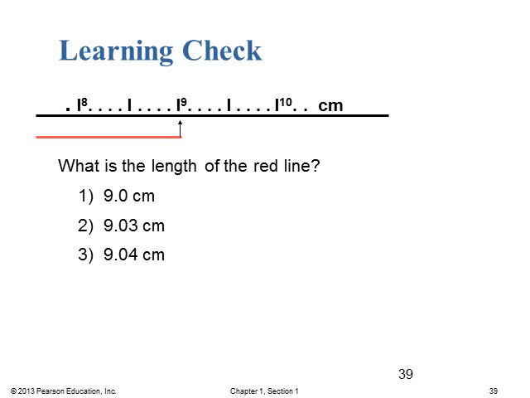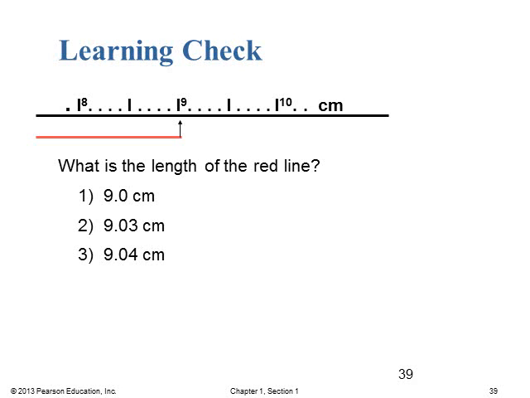So we can eliminate choice 1 because we can estimate that last digit, the second digit past the decimal. We're a little bit past the 9 centimeter mark, and so we can report this number as approximately 9.03 or 9.04 centimeters.